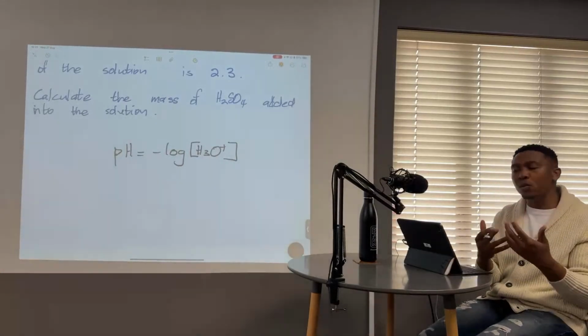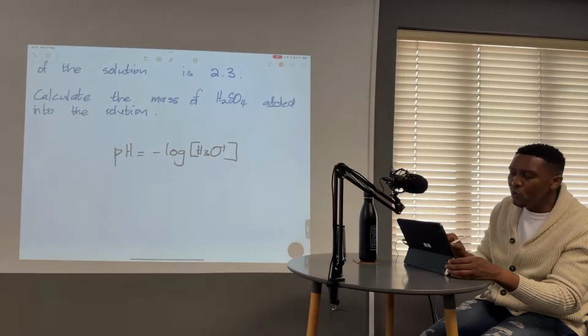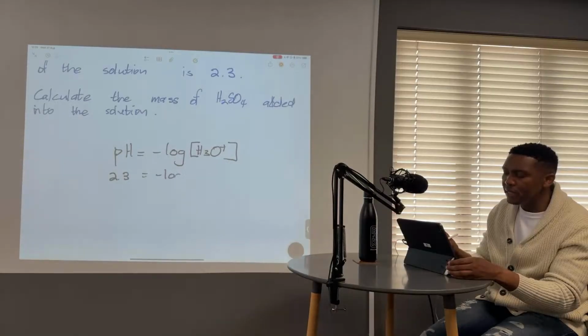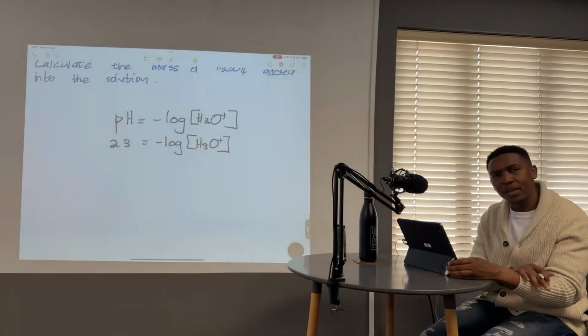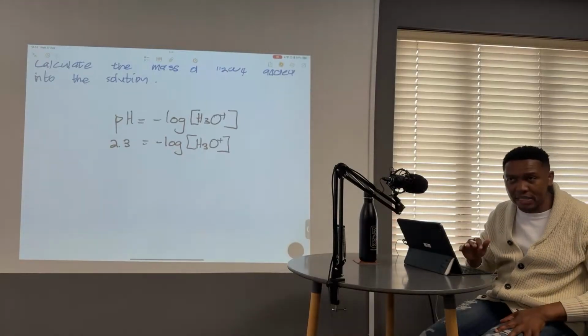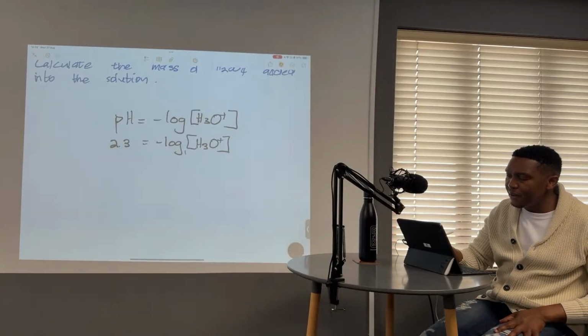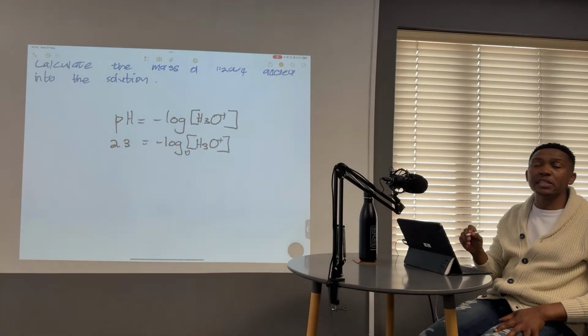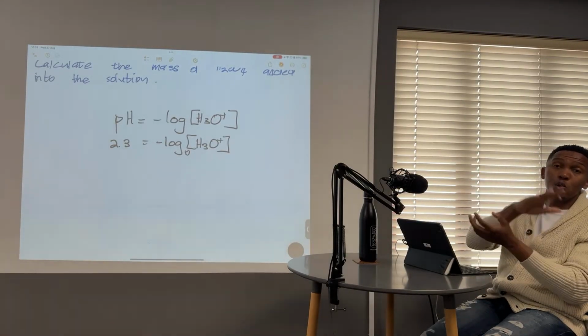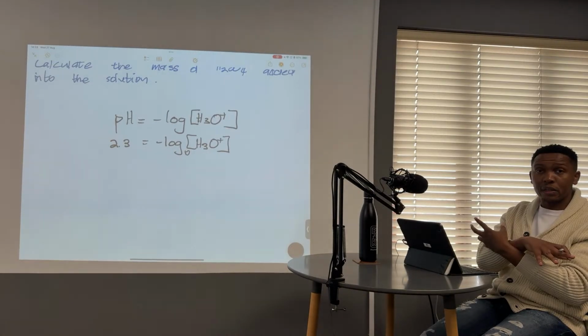So what can we do now? We know what pH is, that's 2.3. That's minus the log of hydronium ion concentration. Now, without us getting too involved in the maths, I could show you in this case how we just simply convert from logarithms to exponents, right?